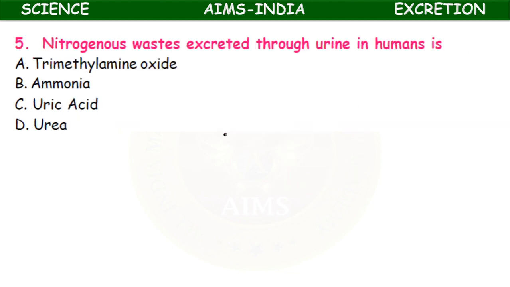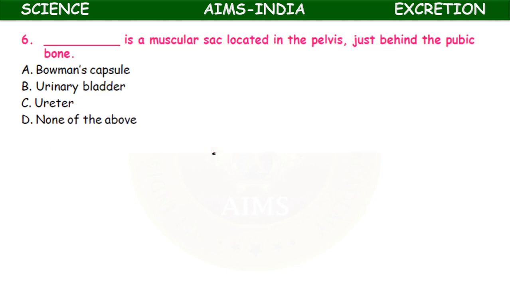Question 3. Nitrogenous waste excreted through urine in humans is trimethylamine oxide, ammonia, uric acid, urea. We are ureotelic. This urea is a main excretory material.